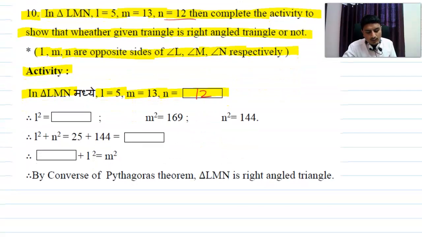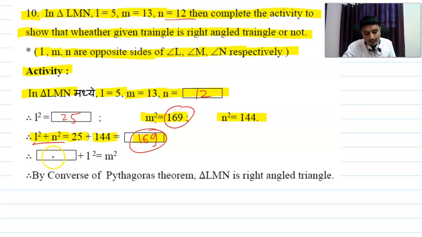Now L square equals 5 square, which is 25, while M square equals 13 square, which is 169, and N equals 12, so N square equals 144. So L square plus N square is 25 plus 144, which equals 169, and that is equal to M square.